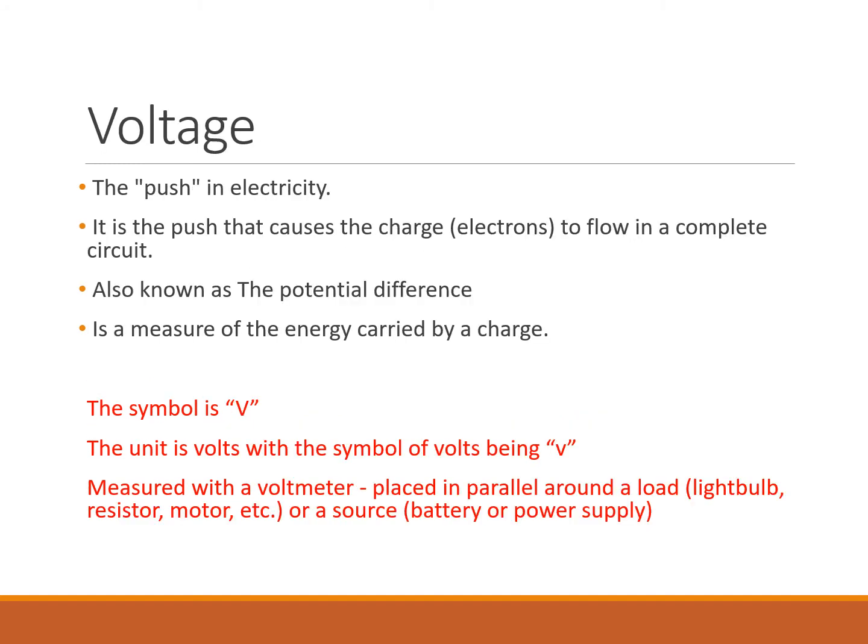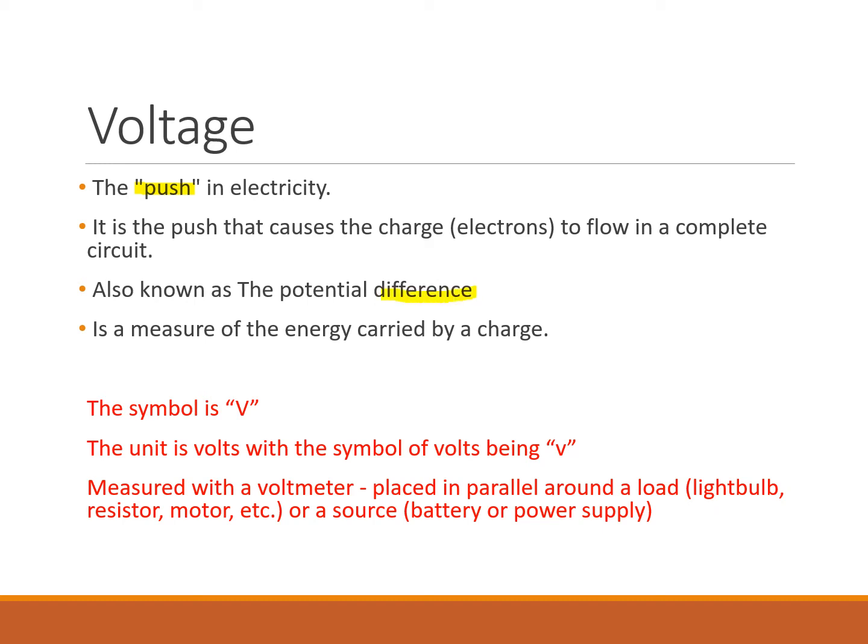So we've talked about current, we've talked about resistance, and now we need to talk about voltage. So voltage is the big push. It's what makes the electrons move. Okay, so it's the push in electricity. And it only happens in a complete circuit because otherwise, where will the electrons go?